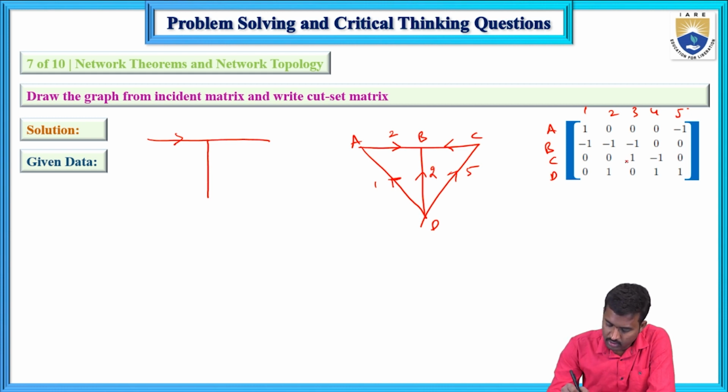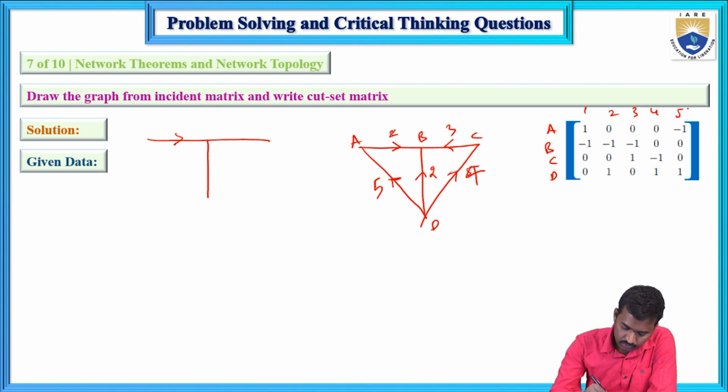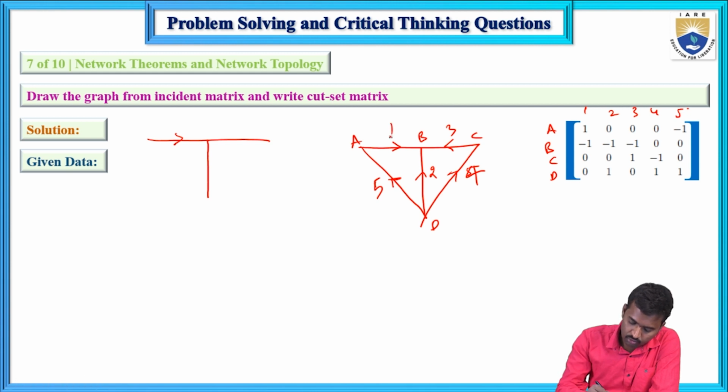And this one is B to C, this is 3. And D to C is the 4. And this one is the 5, D to A. A to B is the 1. So 1, 2, 3, 4, 5.